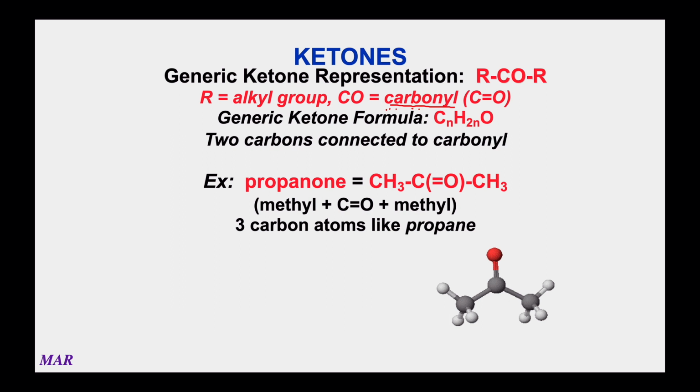If you have a carbonyl between 2 alkyl groups, so here's alkyl group number 1, alkyl group number 2, in the picture it's a CH3 on the left and a CH3 on the right. If you have alkyl groups to both the left and the right of the carbonyl, you have what's called a ketone. And the most famous and common of the ketones is the one that's in the picture right there.